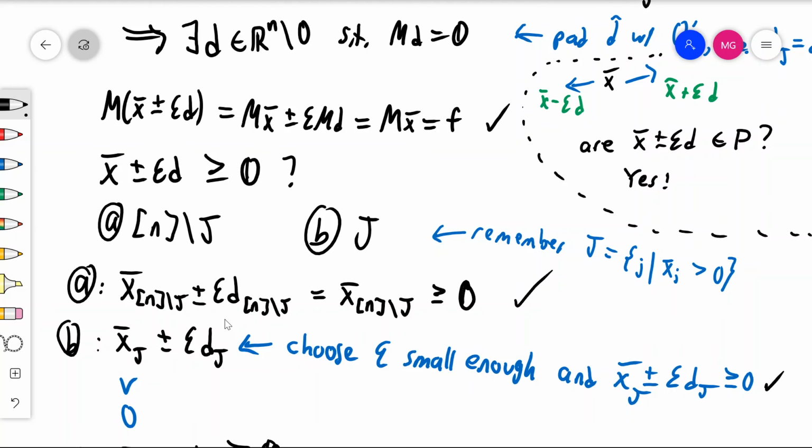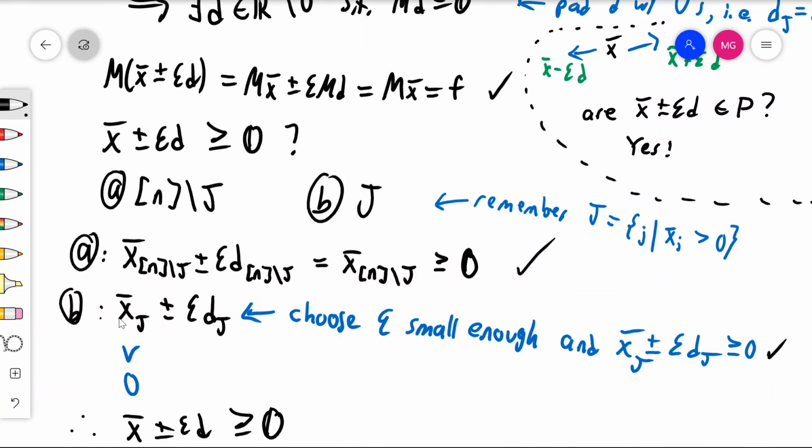This part goes away, and you're just left with x bar for the not j components, and we already know those are non-negative because all the components of x bar are non-negative. So that shows that for these perturbed points, those components are non-negative.